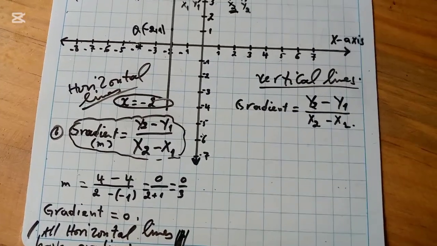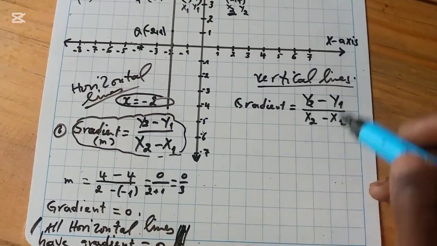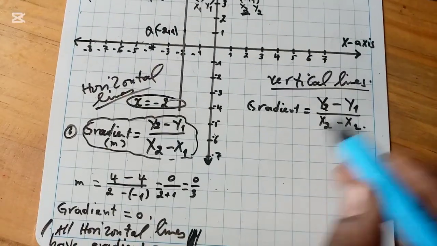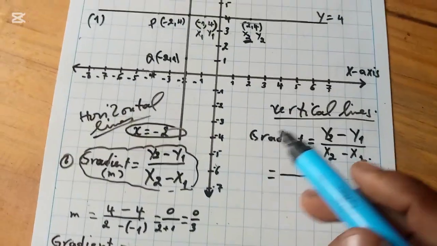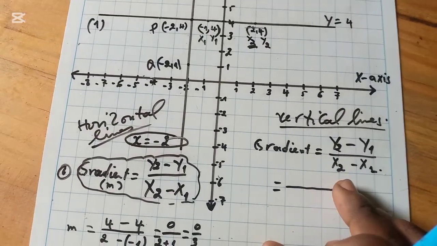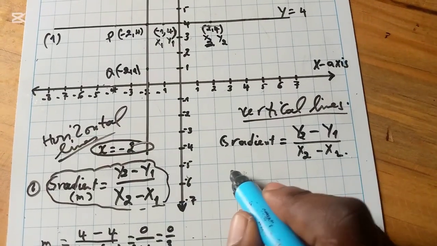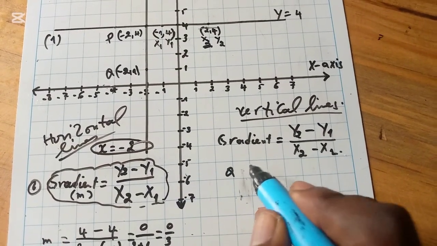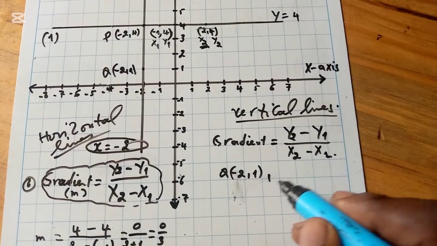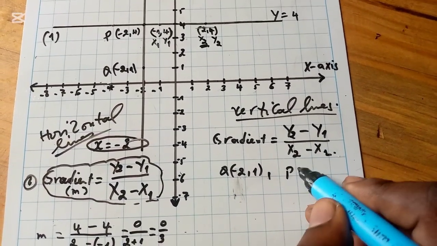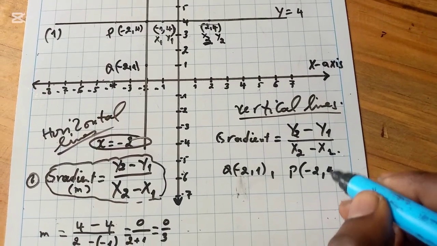I have explained the gradient in the previous videos, so if you didn't see that video, please go and check it. And we are using this formula now. So the gradient here will be y2 over x2. We have 2 points: point Q, which is negative 2 and 1, and point P with negative 2 and 4.